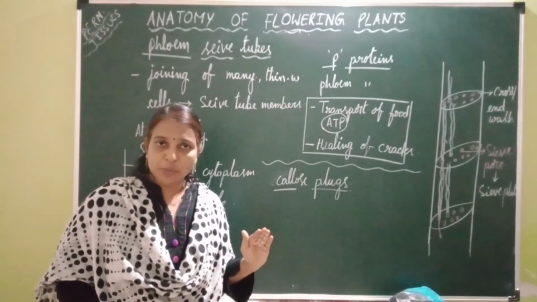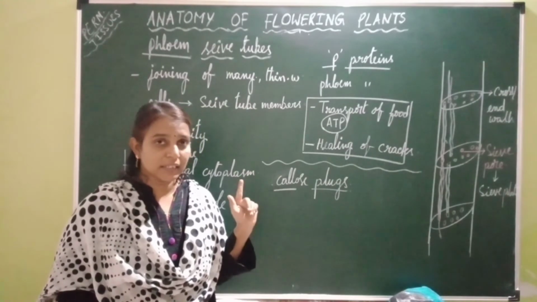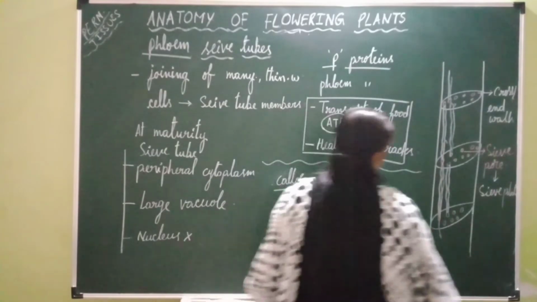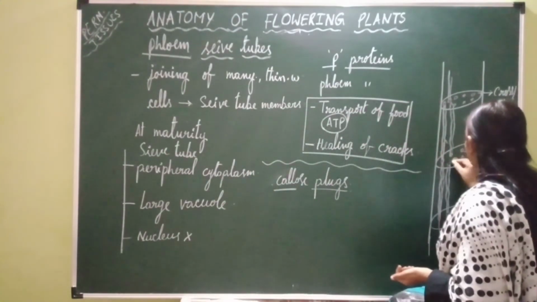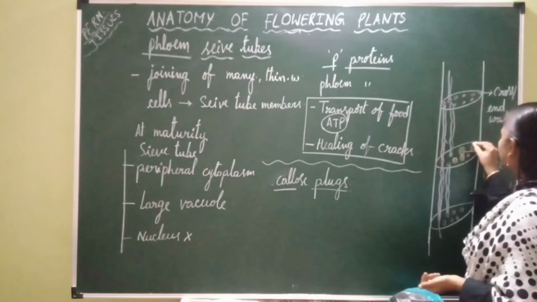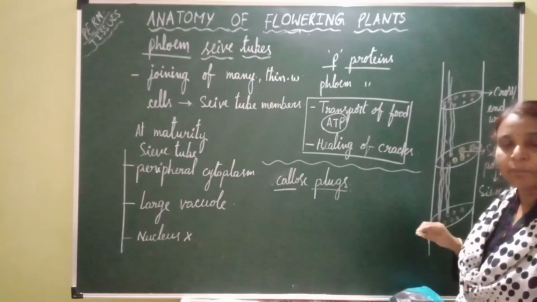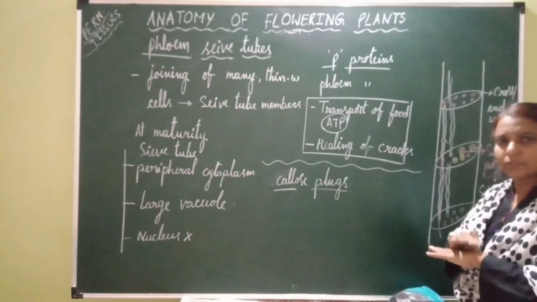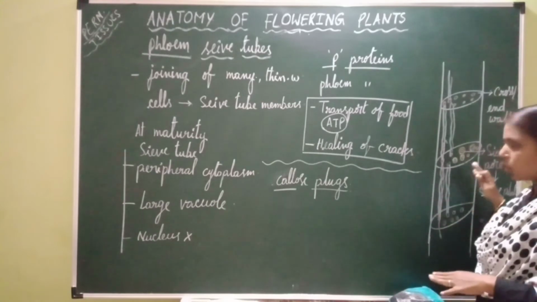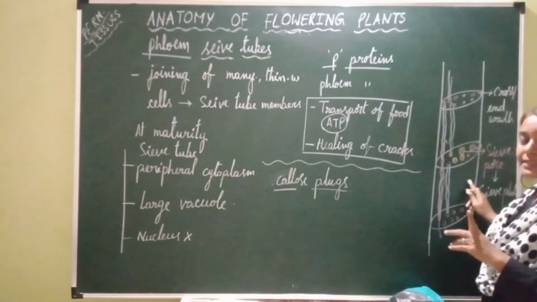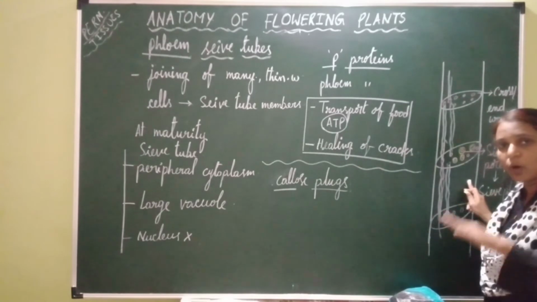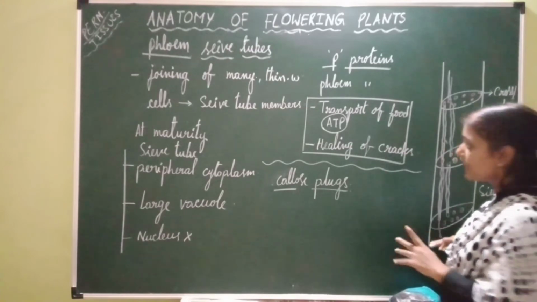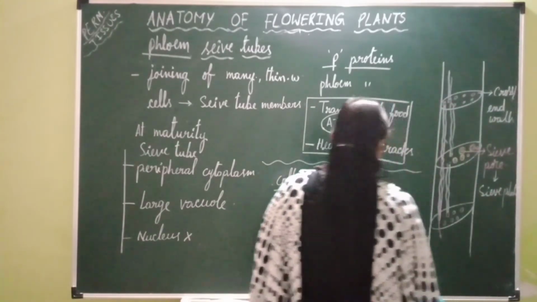So for the reduction of translocation of food through these sieve tubes, there is a protein called callose protein. Callose protein blocks these sieve pores. When the callose protein is blocking the sieve pores, what happens? There is blockage of transport. The transport of food materials will be stopped. And hence, as these callose proteins are blocking the transport of food material through sieve tubes, they are also called callose plugs. Are you getting my point?